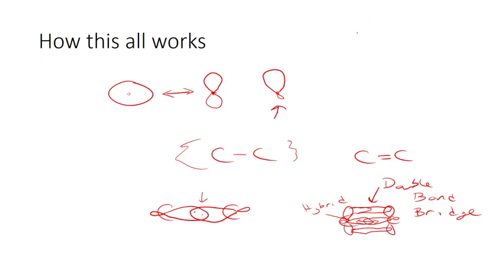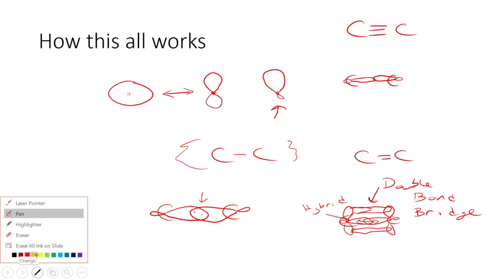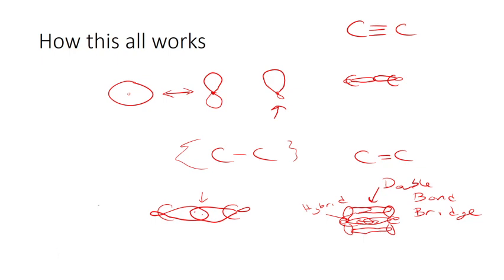Now here's where the drawing is going to get really crazy, because if we have a carbon-carbon triple bond, we've still got carbon, it's still got these hybrid orbitals. And then we still have, let me try this, I'm going to change the color. We're getting fancy.